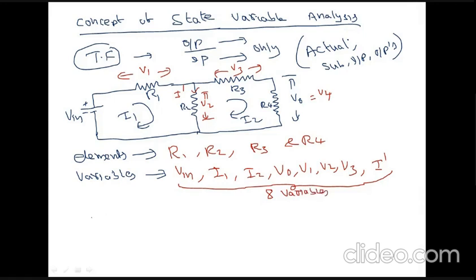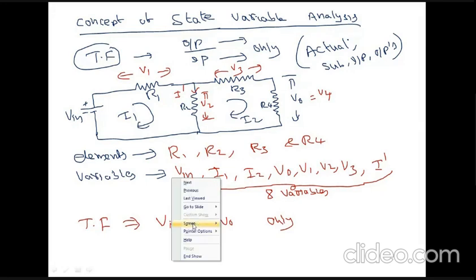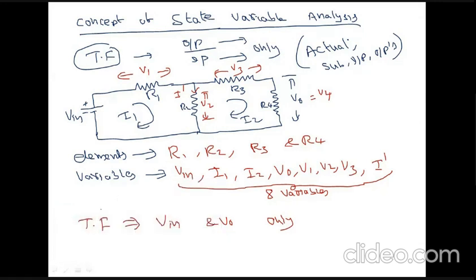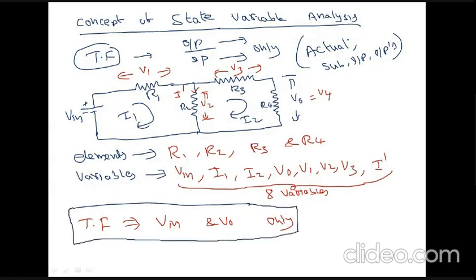With the concept of transfer function, after writing the equations, you eliminate the unwanted variables. You get the relationship between Vin and V0 only. It means that using the transfer function, you can get the information between the final output and the initial input.